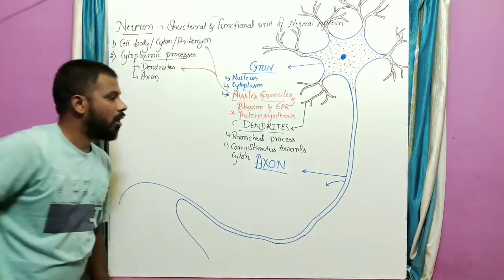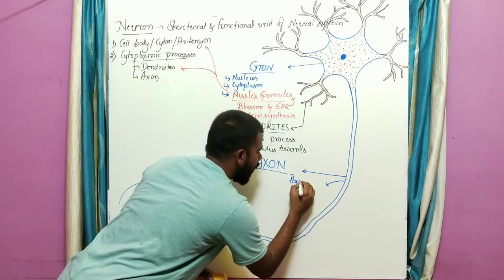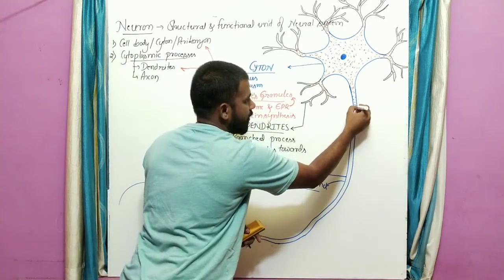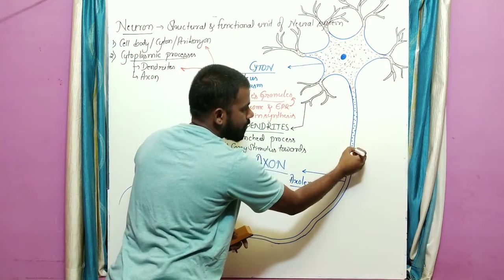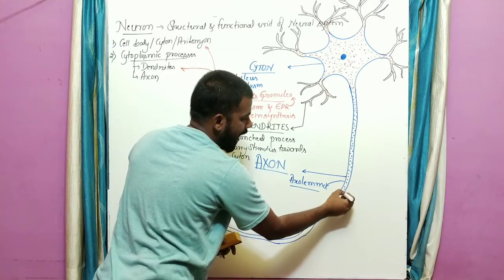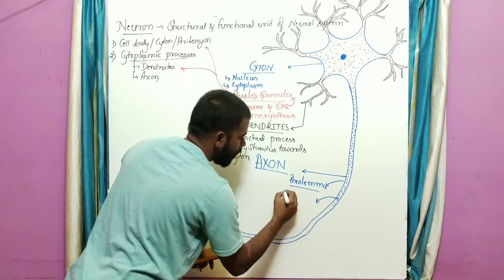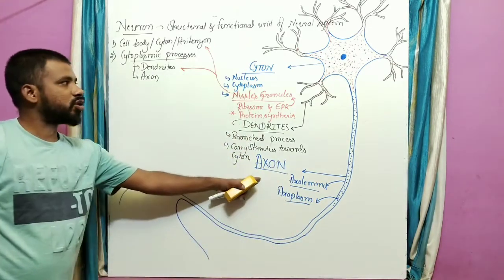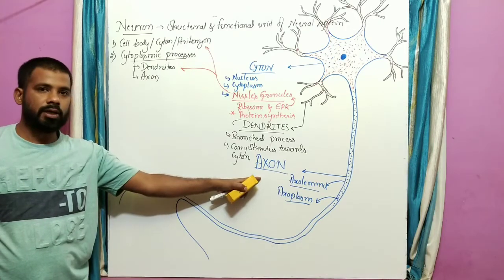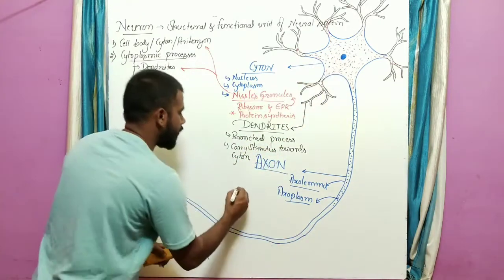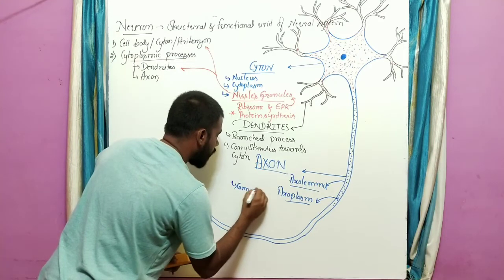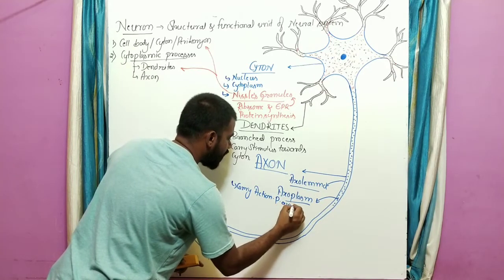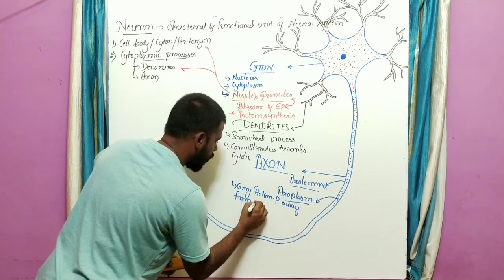The cell membrane of the axon is called axolemma, and inside the axon you can see the cytoplasm. The cytoplasm of the axon is called axoplasm. This axon carries impulses, or action potentials, away from the cell body or cyton.